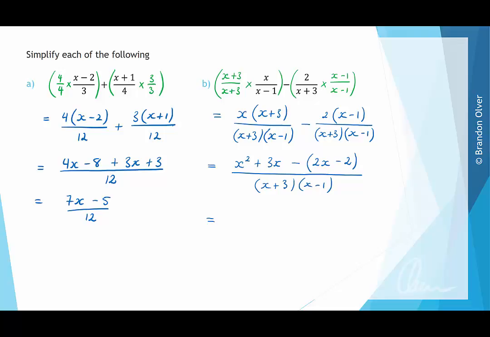Simplifying the top line, we can combine like terms, so we have x², and 3x minus 2x gives plus x overall, and then this negative multiplies by the negative 2 to give positive 2. And then once again, we have that all divided by (x + 3)(x − 1). So that there is the simplified fraction for part B.